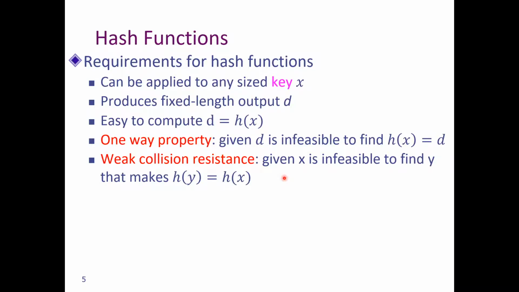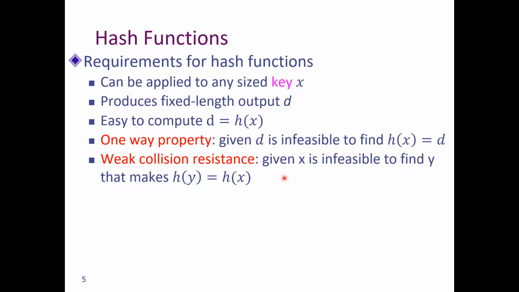Another property is the so-called weak collision resistance. In detail, it means given X, it is infeasible to find Y such that H(Y) is equal to H(X), which means Y and X produce the same result.